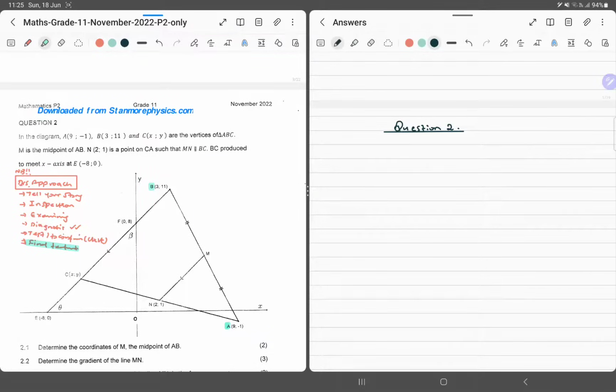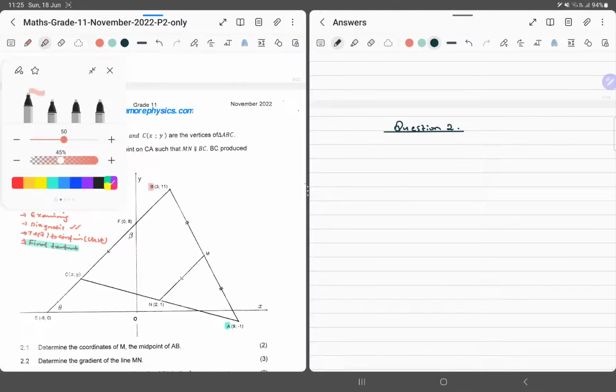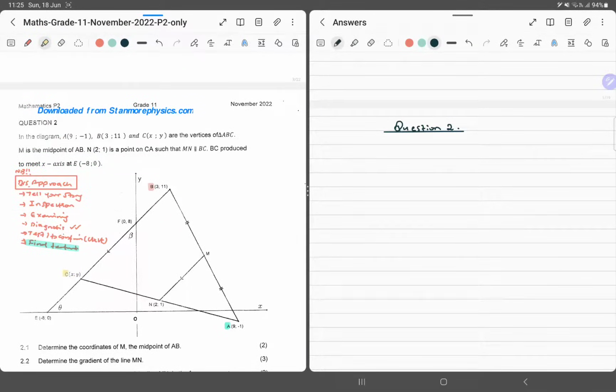Then we've got C. Maybe let's change a color for B. And then for C, this guy is not given, so it's a hypothetical point, so we will have to determine those coordinates somewhere, somehow. Our vertices of triangle ABC. So where is that triangle?